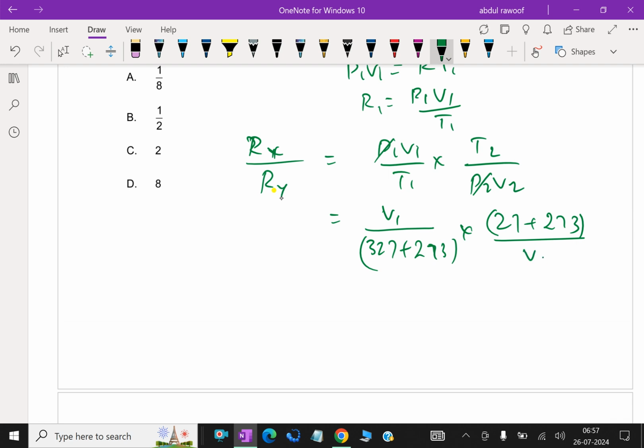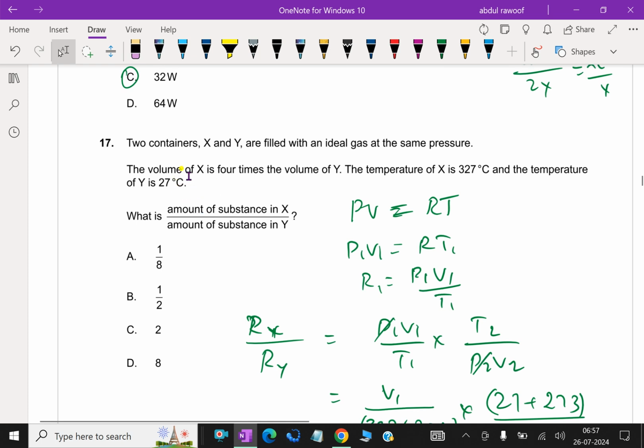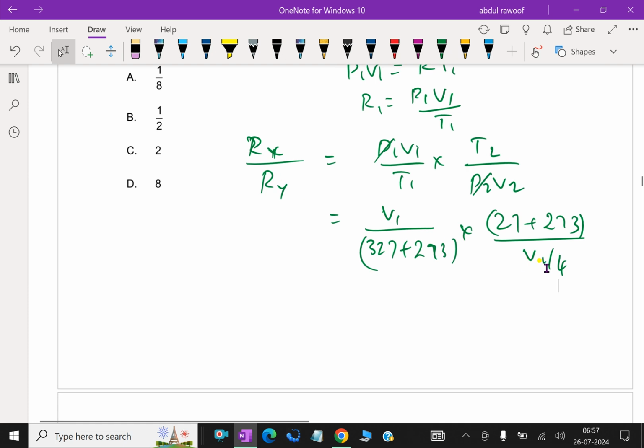That is V1 by 4, because the volume of X is 4 times the container Y, so the second container is V1 by 4.